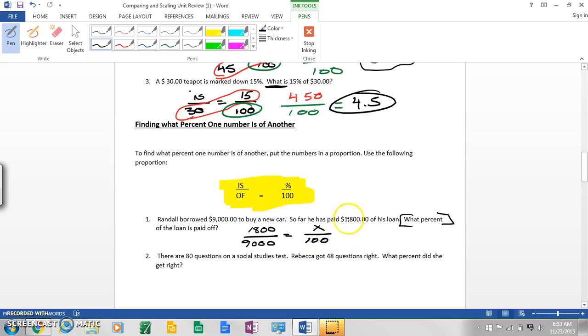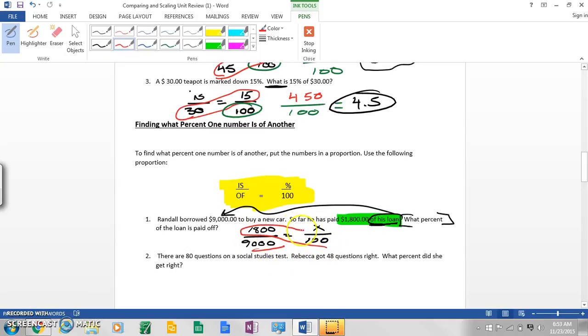This can be confusing because if you look here, it says the $1,800 of his loan. However, of his loan was actually the 9,000. So the of is actually referring to the 9,000 here. We can cross multiply and divide.